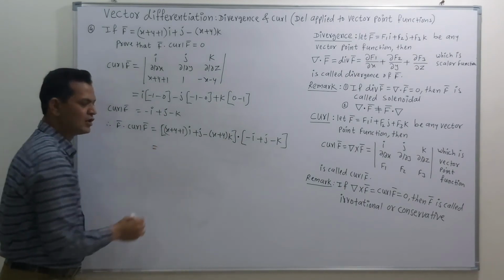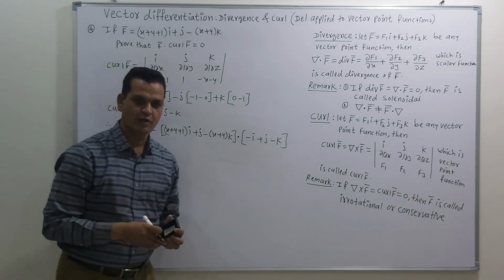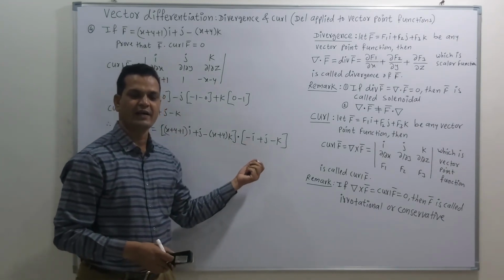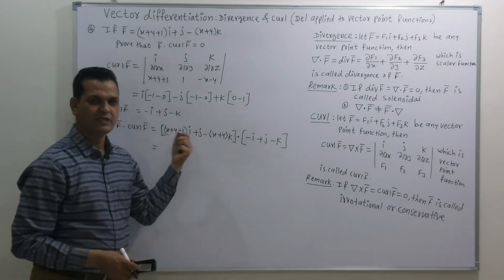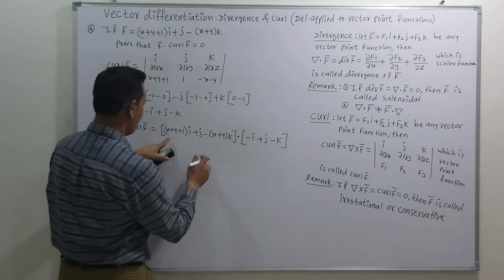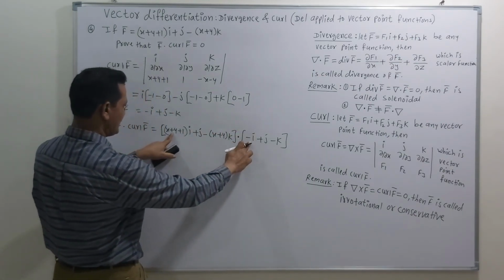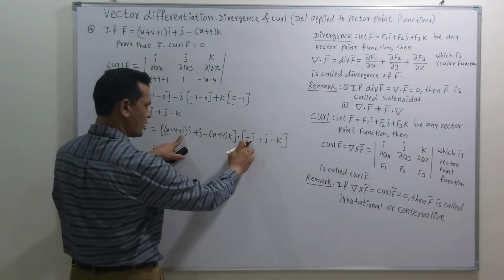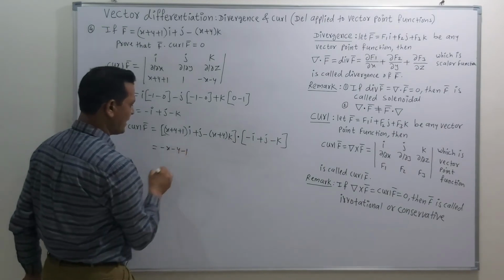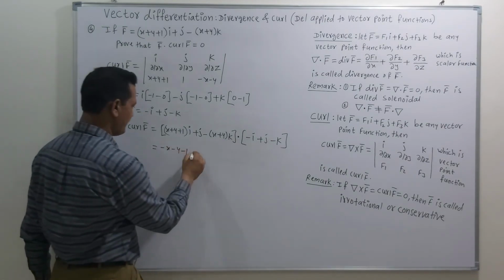We can write this dot product. We know how to take the dot product. So while taking the dot product, take the product of the i term coefficients, the product of the j term coefficients and the product of the k term coefficients. So here this is x plus y plus 1, product with minus 1, we get minus x minus y minus 1. So this is the first term.